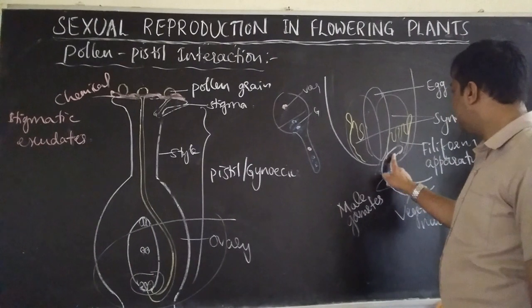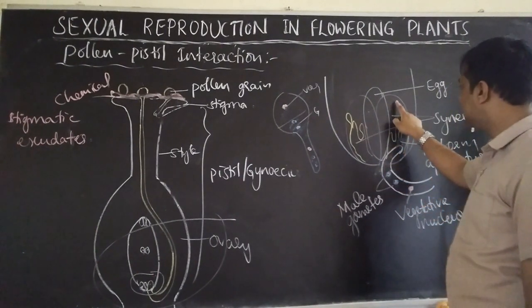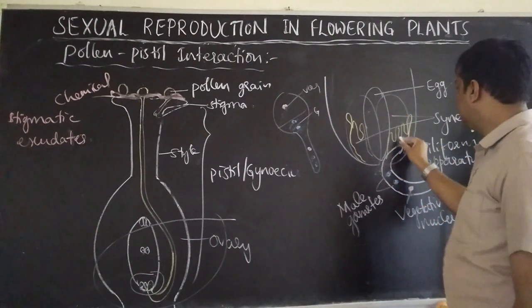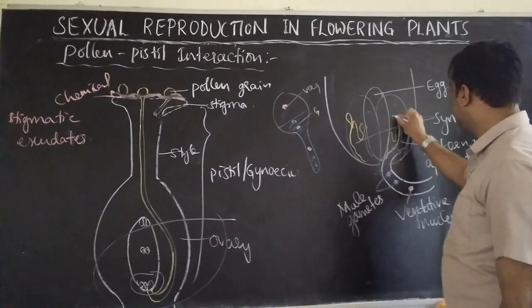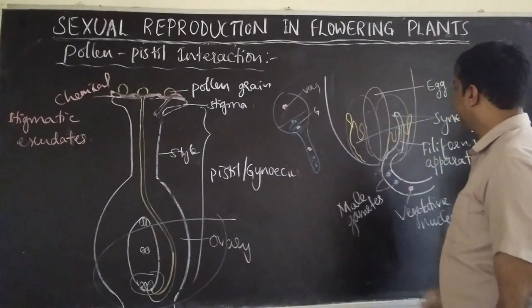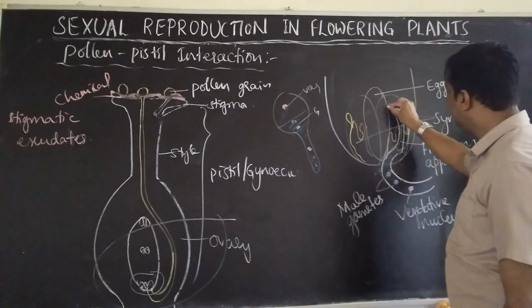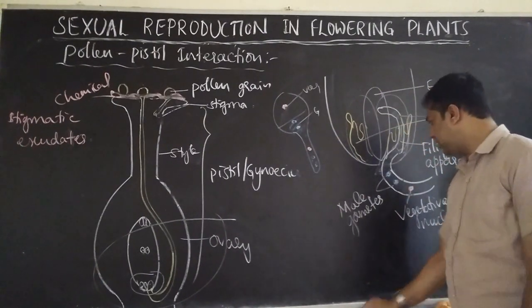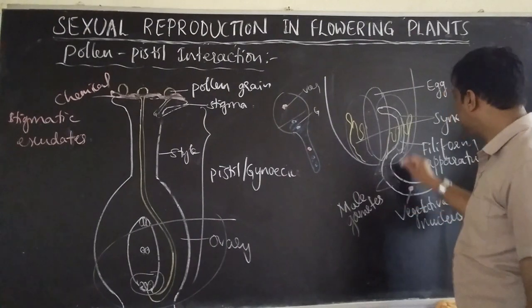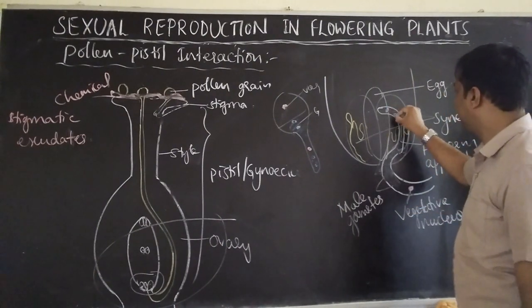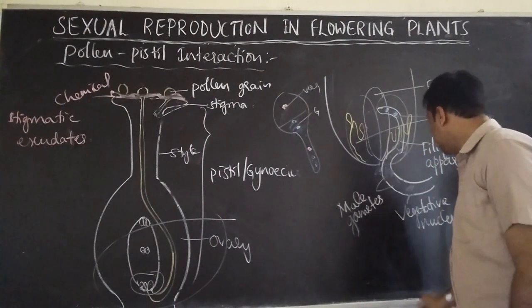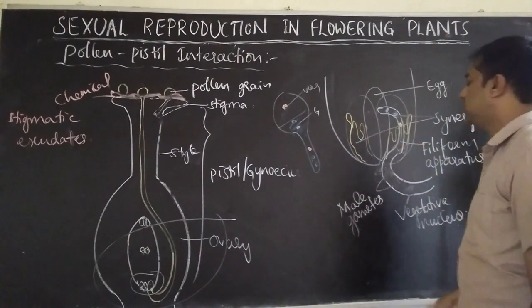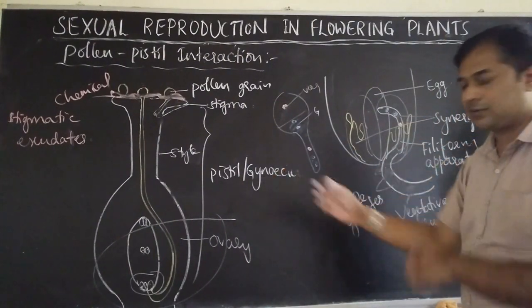First the pollen tube will enter the filiform apparatus present in the synergid. Then from there it will enter the synergid cells. Then it will enter the egg. Then these nuclei will be here, and these nuclei will come here, because the tube will elongate and be longer.